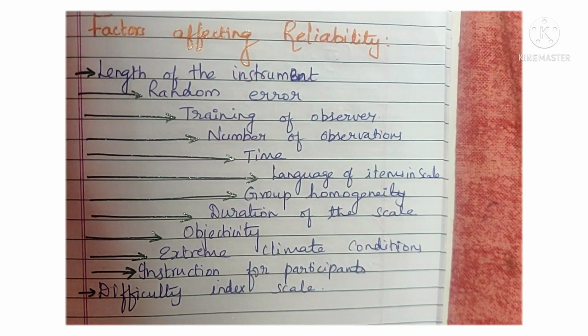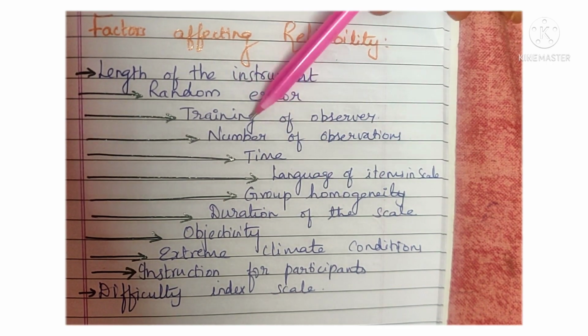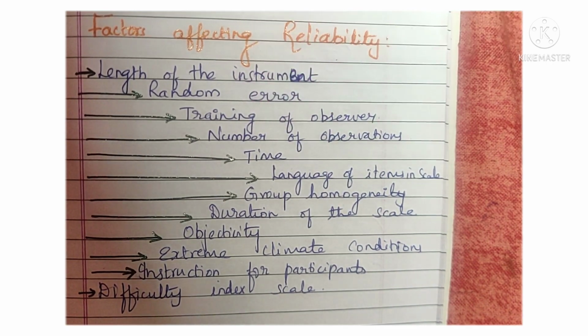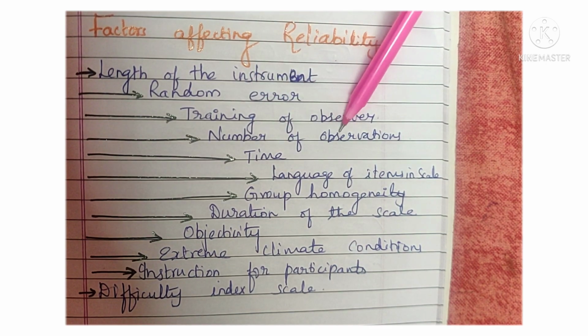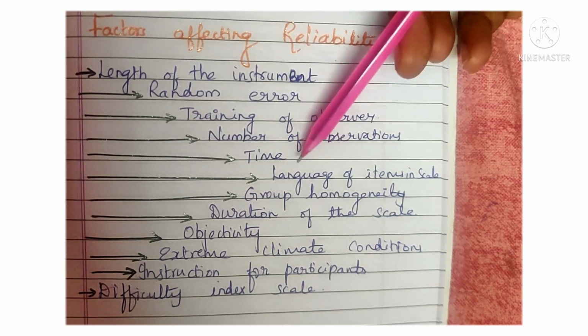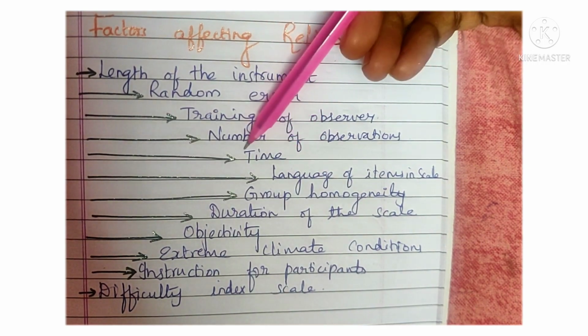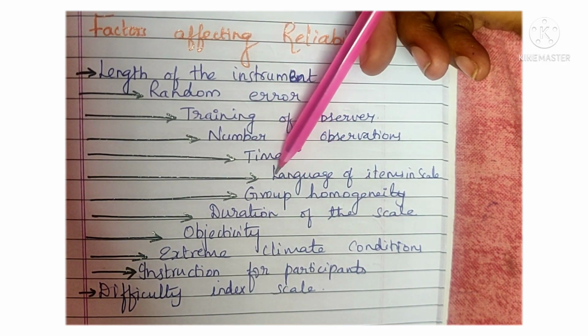So the length of the instrument and random errors, sometimes errors can occur. Then when you are selecting the samples, the observer should be well trained in administering the tool. Number of observations, how many samples you are going to observe and how many times you are going to observe. The time of administration of the instrument or tool.